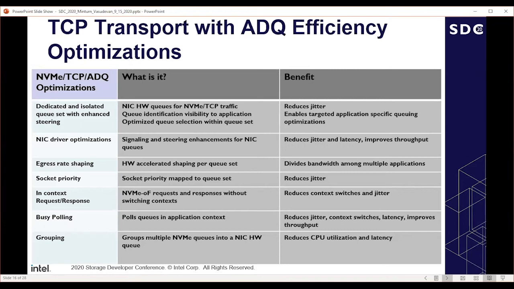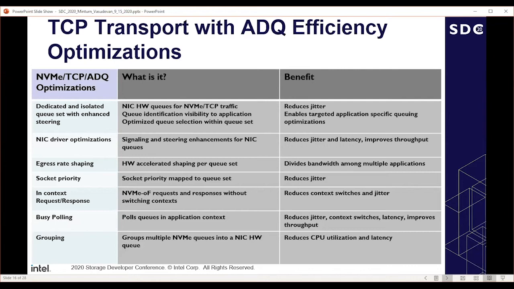The benefit of this is that when you have these dedicated queues, you're not sharing them, and so that reduces jitter. And also, since these queues are dedicated, this enables some targeted application-specific queuing optimizations.